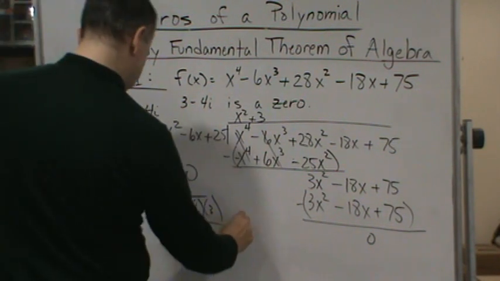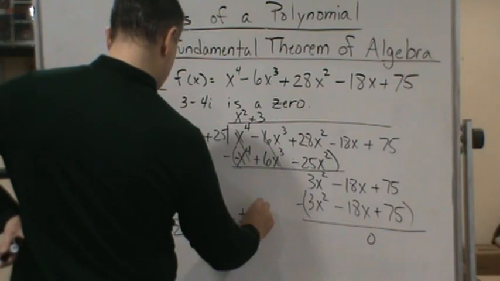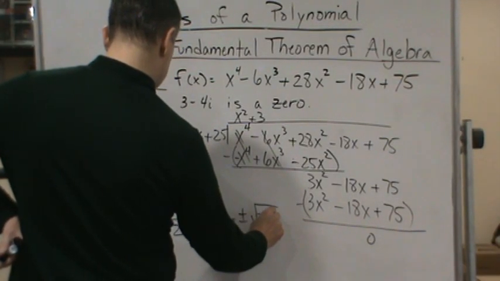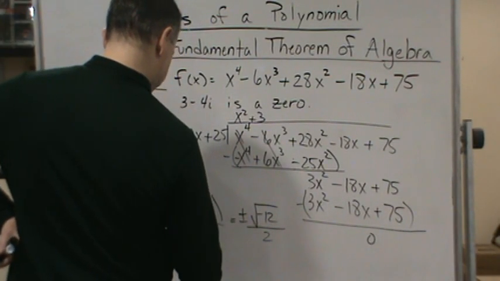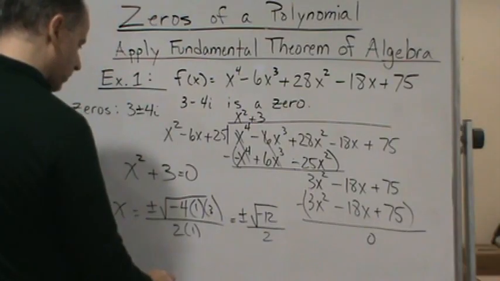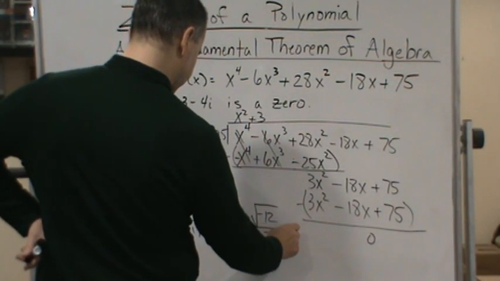So this is going to give us plus or minus the square root of negative 12 over 2, which is going to give us what? This is going to be 4 times negative 3, right?